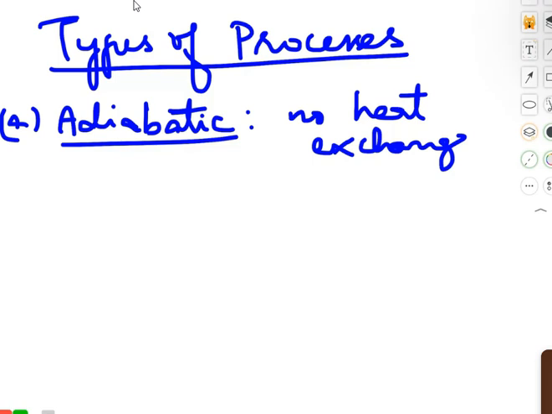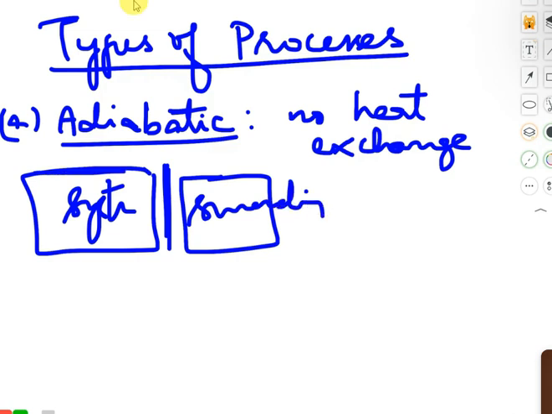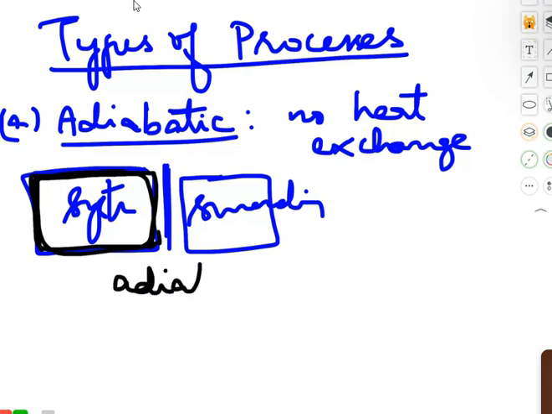The wall which separates the system and the surrounding, or actually all the sides of the system itself, is called an adiabatic wall.